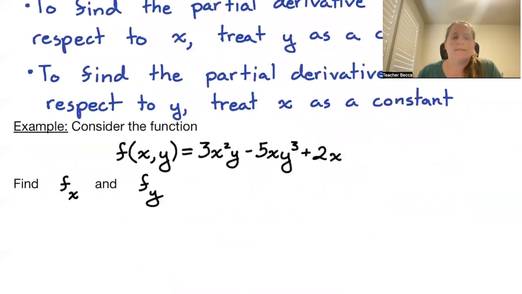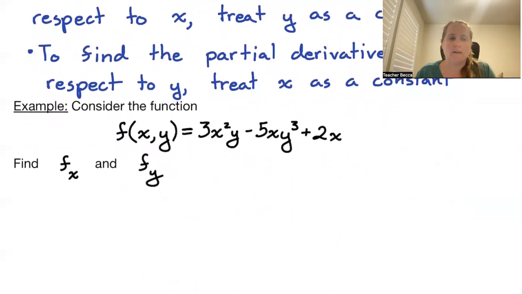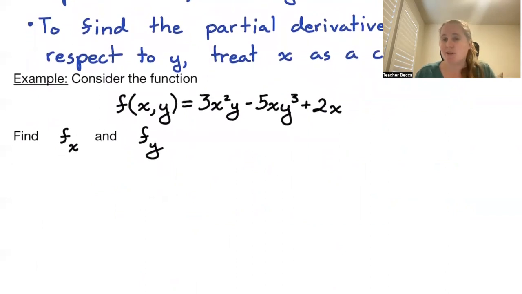So for example, let's consider the function f of x, y is equal to 3x squared y minus 5xy cubed plus 2x. Our job is to find the partial with respect to x and the partial with respect to y.